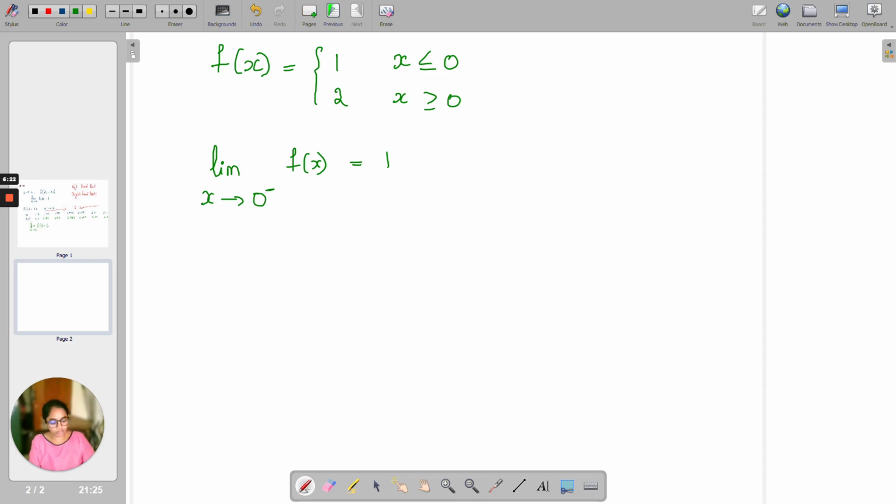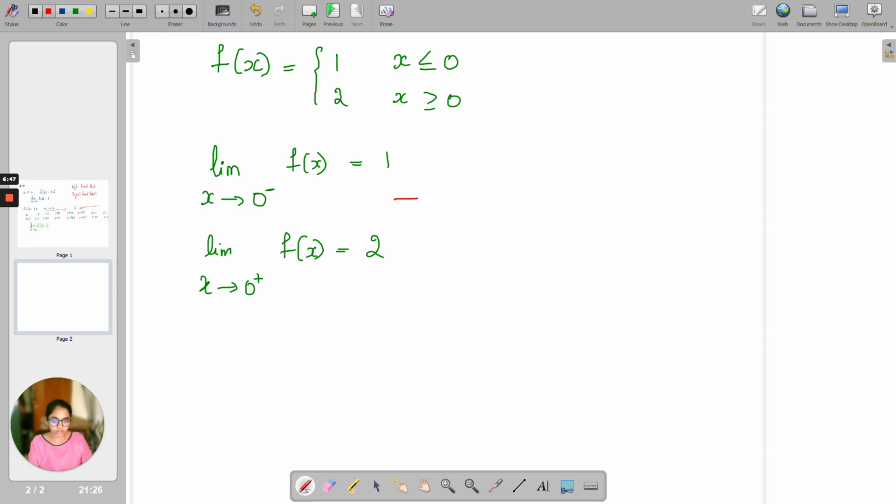Okay, so now for the right hand limit, x tending to 0 plus, f of x is 2. Are these both equal? No, right? They are not equal. So does the limit exist?